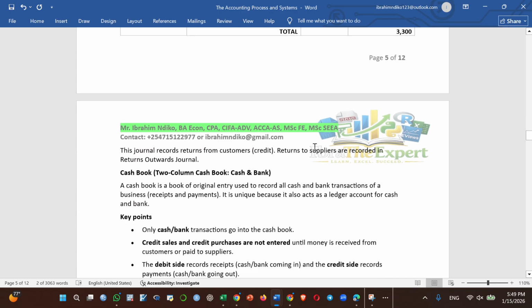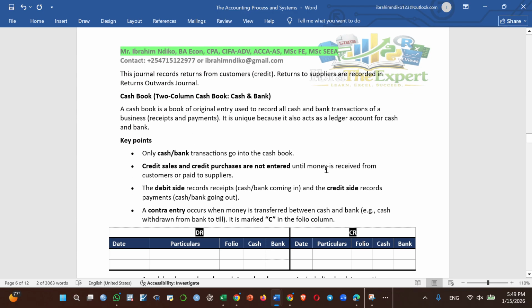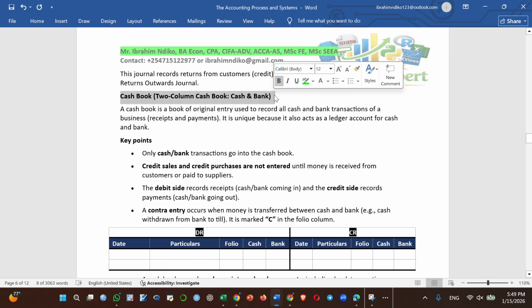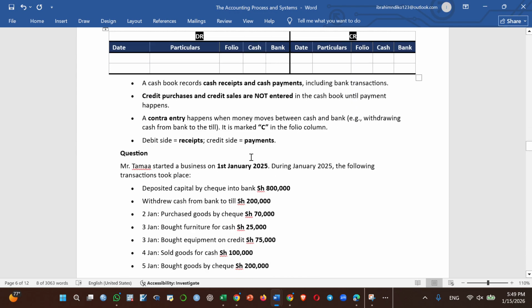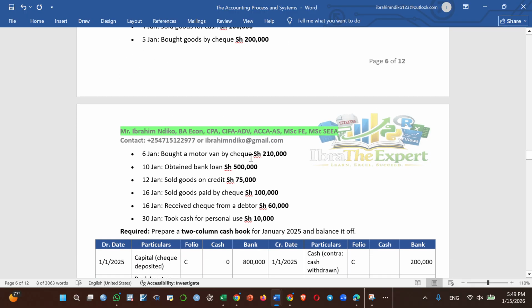Alright, let's go to the next item. Cash book. Now we have two types of cash book: the 2-column cash book and the 3-column cash book. I think we can start from there in our next class.